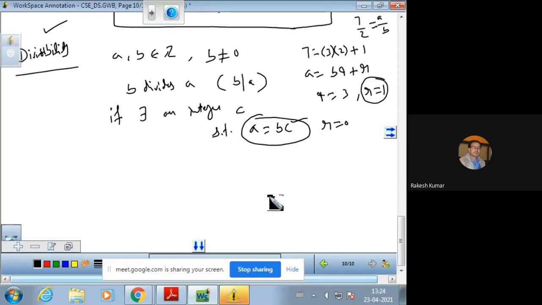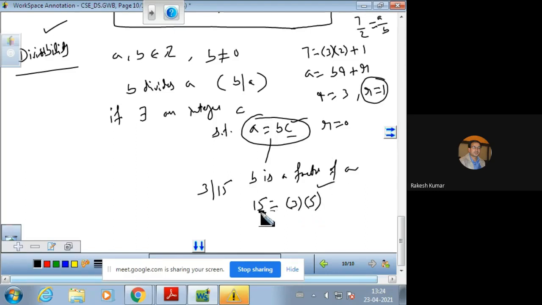Or we can also say that B is a factor of A. We have taken the example of 3 divides 15. So 15 can be written as 3 into 5. So in place of quotient, we have 5. So we can say that 3 is a factor of 15.